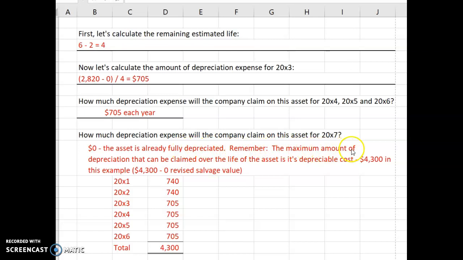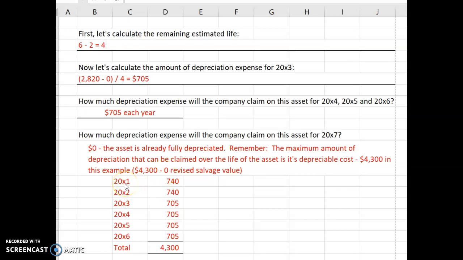Remember, the maximum amount of depreciation that can be claimed over the life of the asset is its depreciable cost, and depreciable cost is cost minus salvage value. And in this example, it was $4,300 of cost minus the revised salvage value of 0.